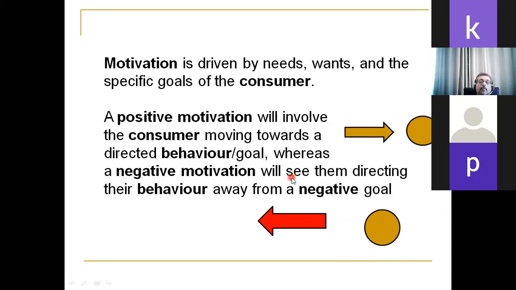You want to get into MBA, but your behavior is making you go away from this. You can see the red arrow which is going away from your goal. That is known as negative motivation. Any behavior that will make you go away from your goal is negative motivation. I will give one example.